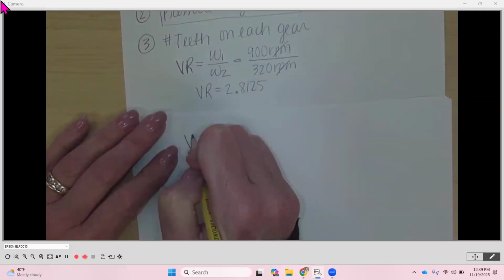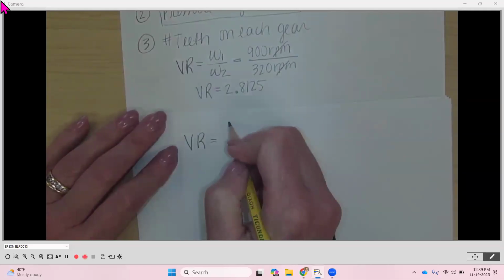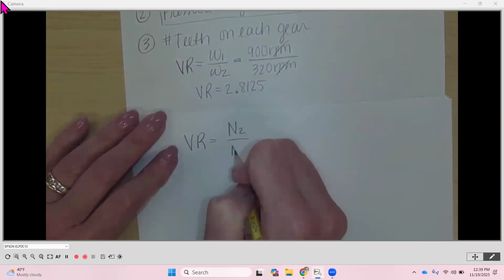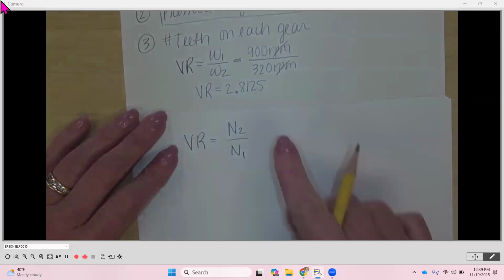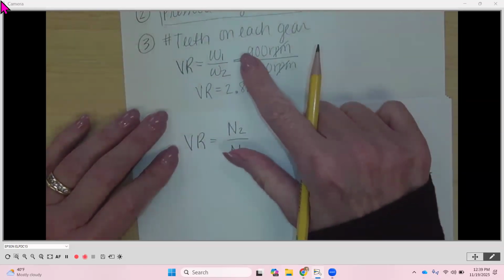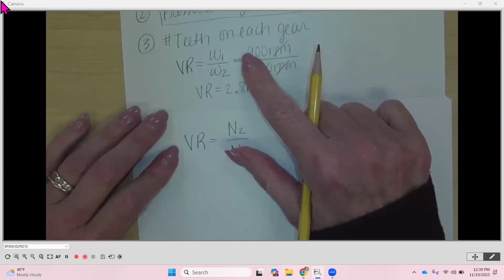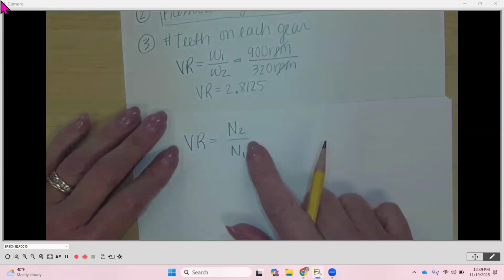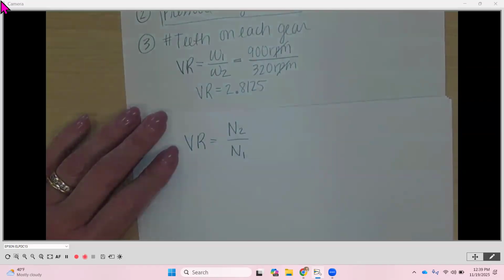So I'm going to say velocity ratio is also going to be equal to N2 over N1. Notice that N1, or W1, number one, was on the top in the previous step, but now 2 is on the top here. The larger number always has to be on top, just so you know.